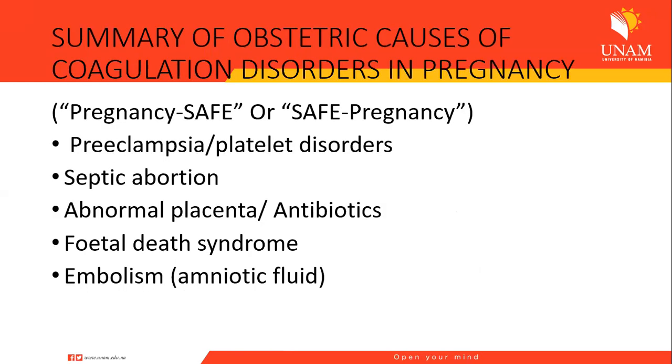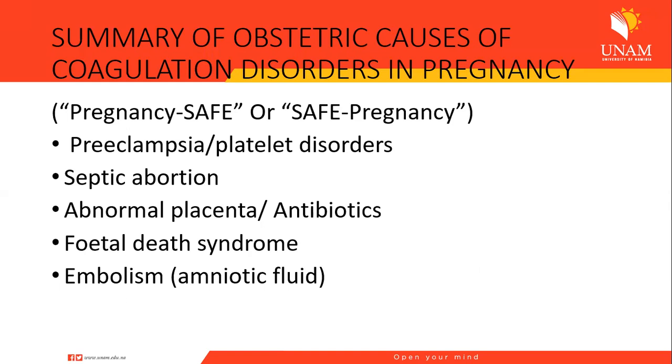All right, so in summary, the obstetric causes of coagulation disorders in pregnancy. I like to call it safe pregnancy, for us to just remember. But safe preg will help you. S refers to septic abortion. A talks about abnormal placentation: abruptio placenta, placenta previa, placenta accreta.